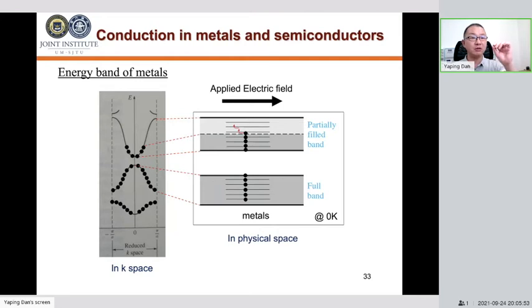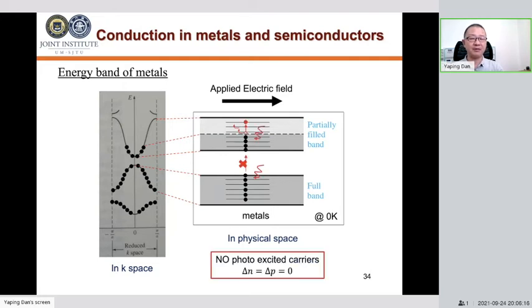That means these electrons can be accelerated by the electric field, and they're conductive. So yes, metal at or close to absolute zero is conductive under an electric field. Semiconductors are not conductive unless you illuminate them with light.